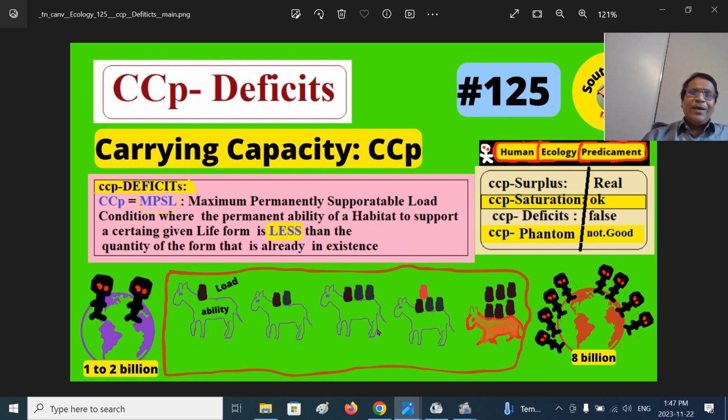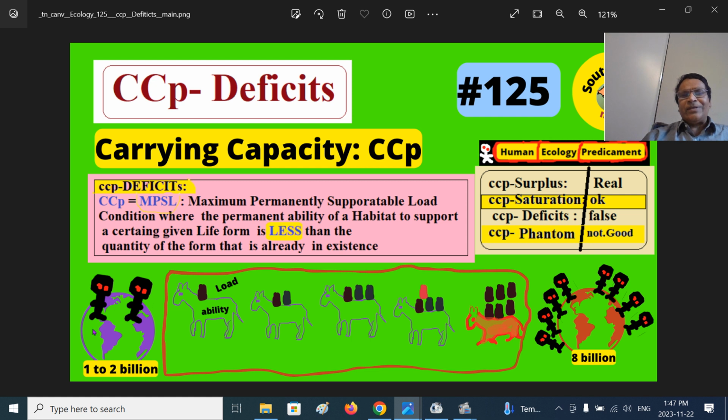Instead of the donkey, carrying capacity has two aspects, the load and the ability. If you take the planet Earth, there is a load. What is the load? The load here is humans, human animals. Ability means resources.